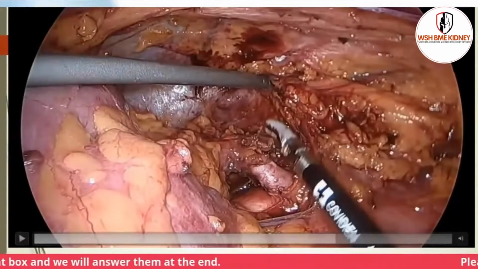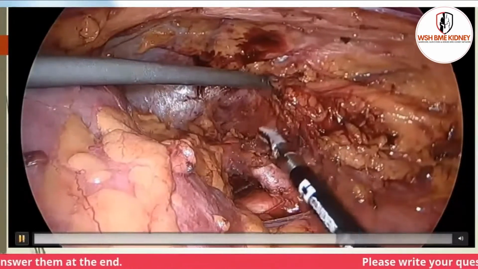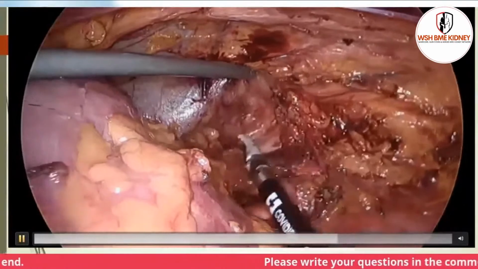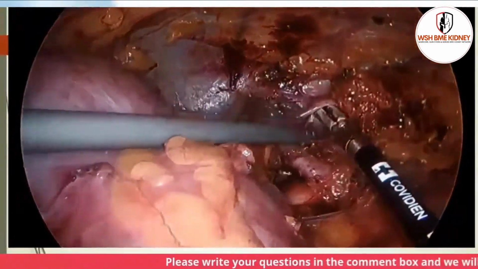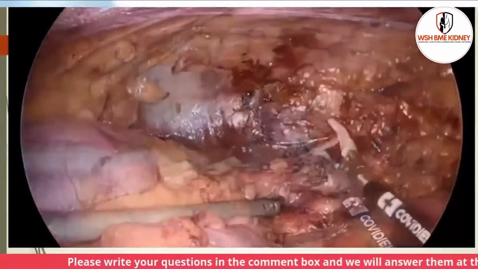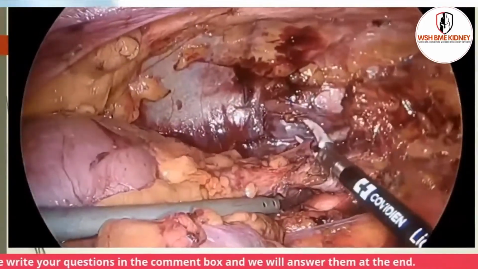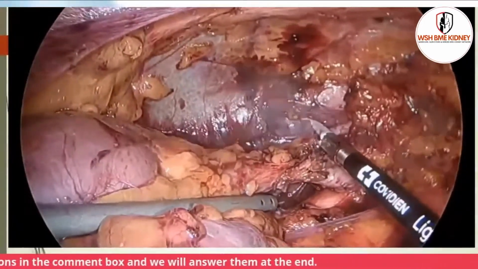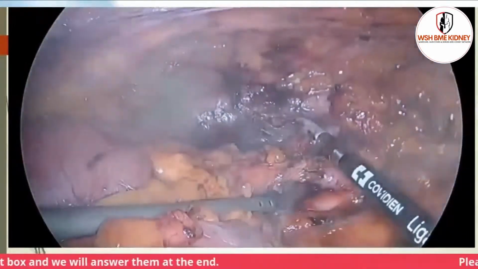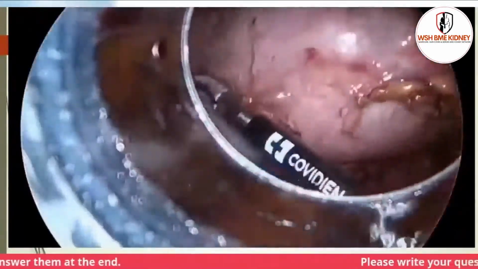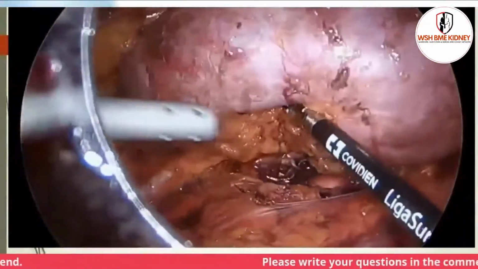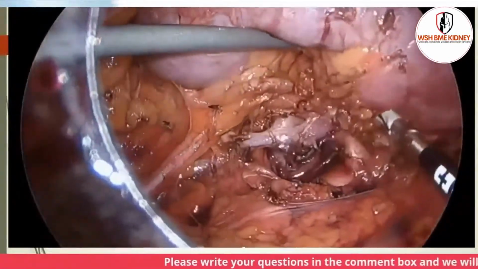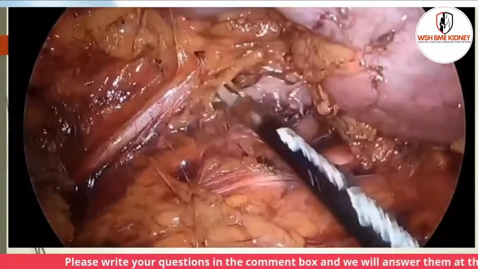To detach it from the kidney, he is preparing it for division. Again, the machine goes in and divides the vein, cutting it and stopping the bleeding at the same time. And then it goes back now to the renal vein, the kidney vein video.